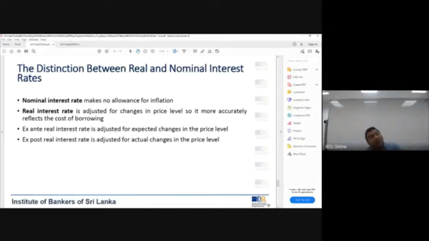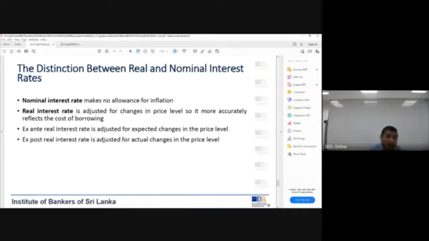And after 1 year, you can adjust the nominal interest rate for the actual inflation, whether it's 5% or 4.5%, you know by 1 year from now. So at that time, you can compare, oh, my ex ante real interest rate expectation was 3%, but now ex post, I have made it, right, 3.5% if the inflation is 4.5%. So that itself would give you certain direction in terms of interest rates behavior into the future.